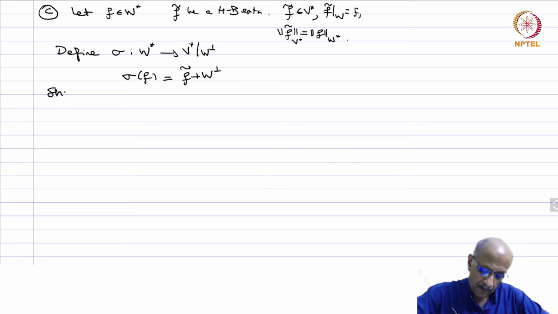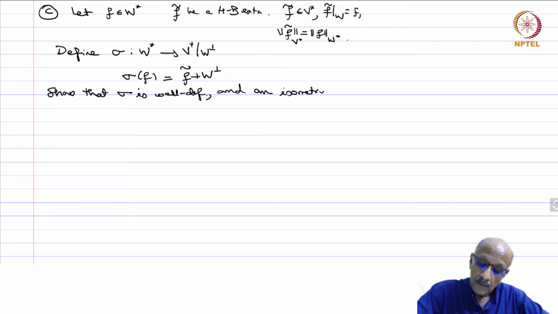Show that sigma is well defined and an isometry onto V star by W perp.